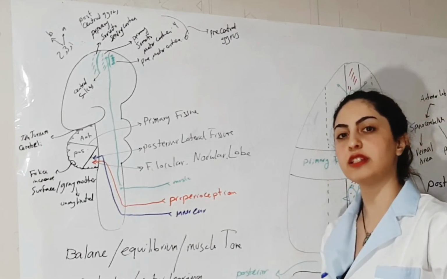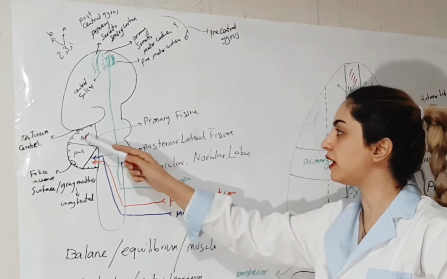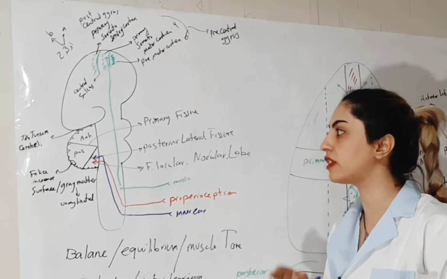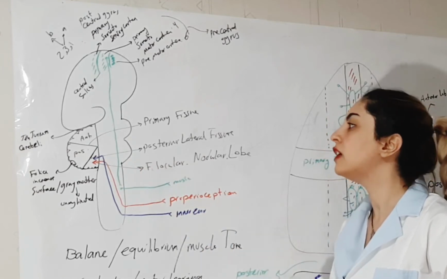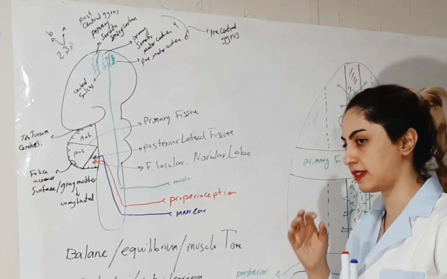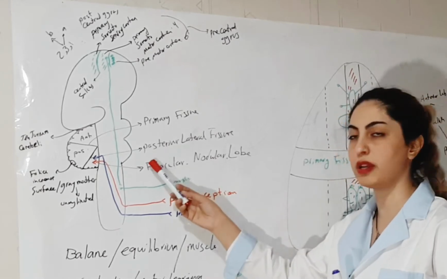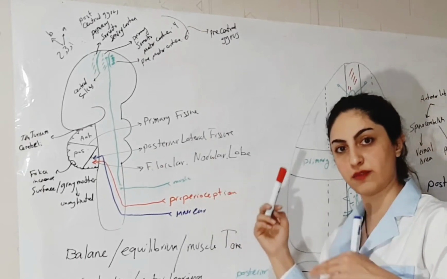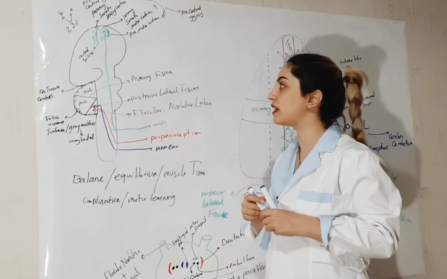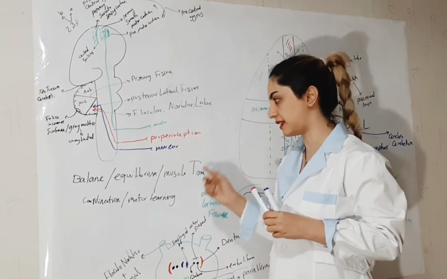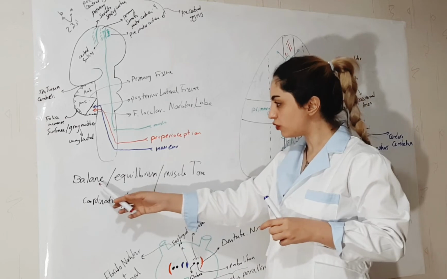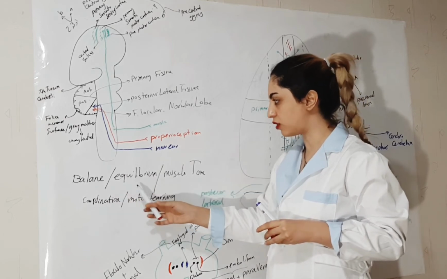So in each part we are going to have afferent and also efferent pathways. But in total, if I want to just list the functions of the cerebellum, so that in the next video I can understand the pathways dedicated to the cerebellum, I can say that the cerebellum is responsible for balance and also equilibrium.